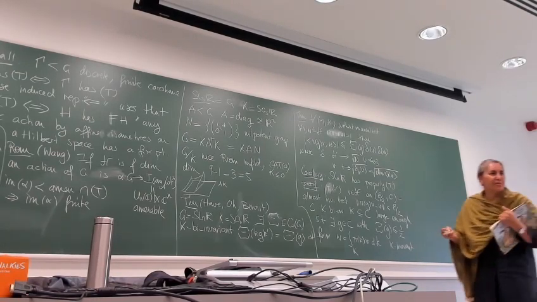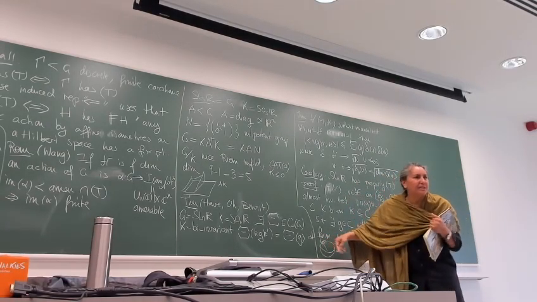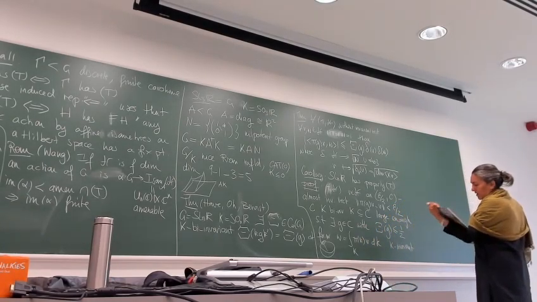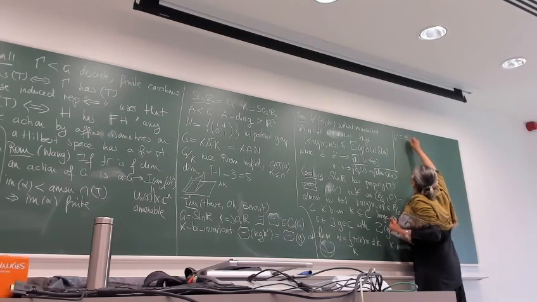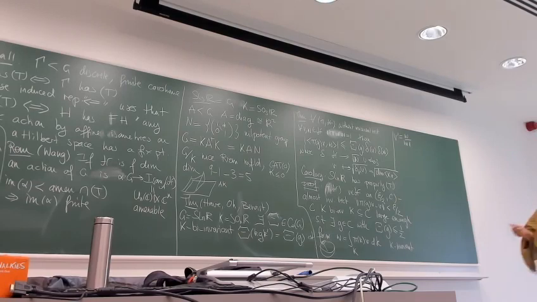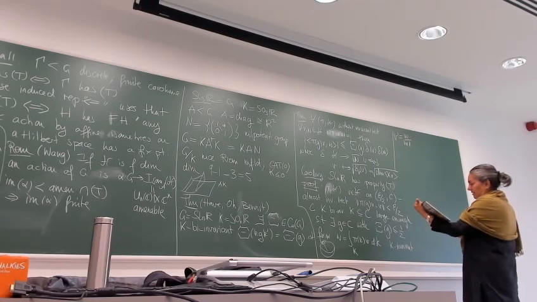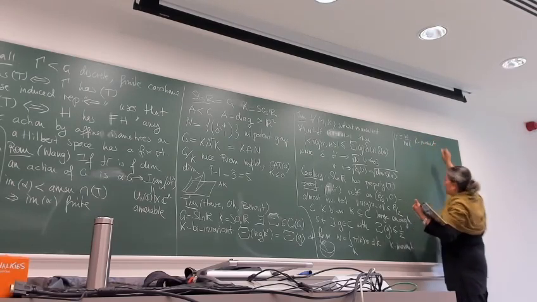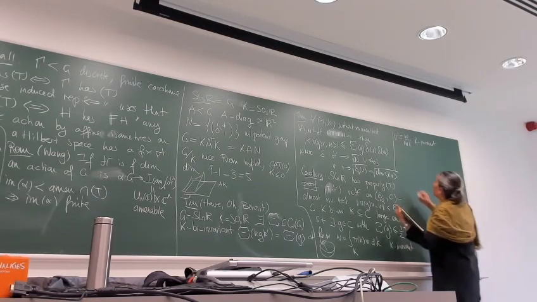It's the same argument as for the compact case. You have something that doesn't move much. When you average it, it's still large enough so that it's nowhere close to zero. So you're going to take v prime, which is w divided by the norm of w. Now this one is K invariant, has norm 1, and it's almost invariant.